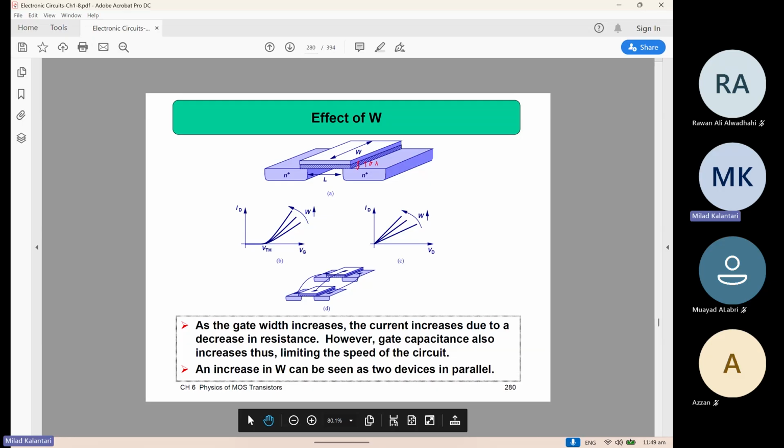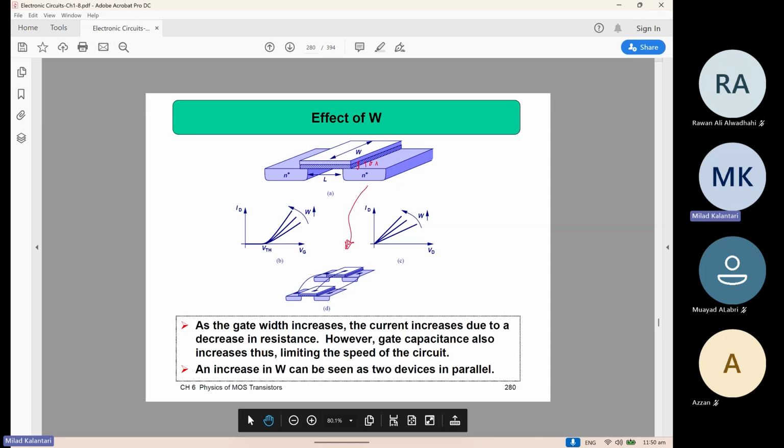In fact, increasing the width is kind of making devices parallel to each other, right? A wider device is like the parallel of two smaller devices, as you see here, right? The wider the device, you are somehow paralleling many smaller devices.